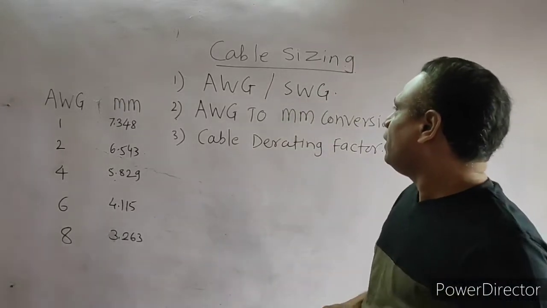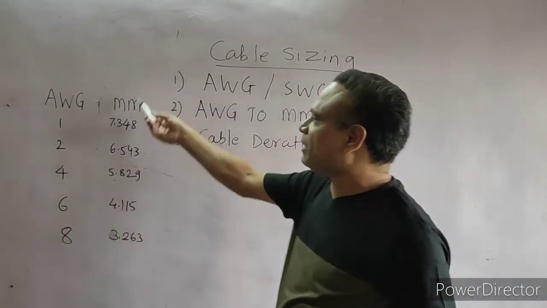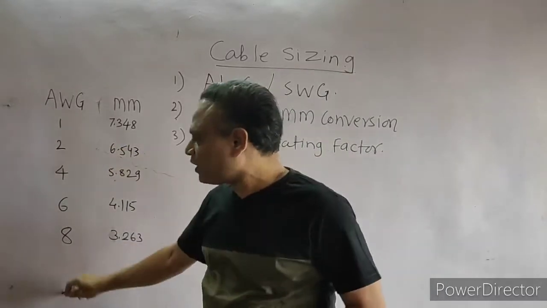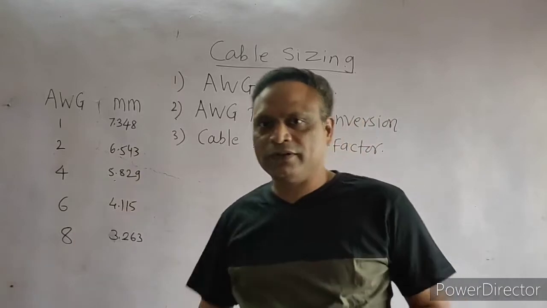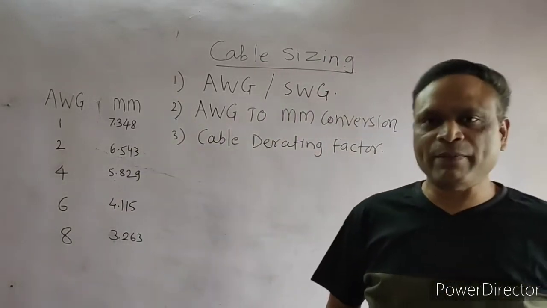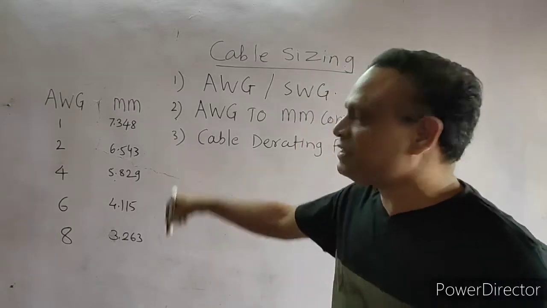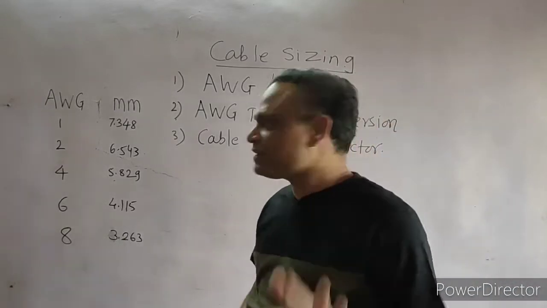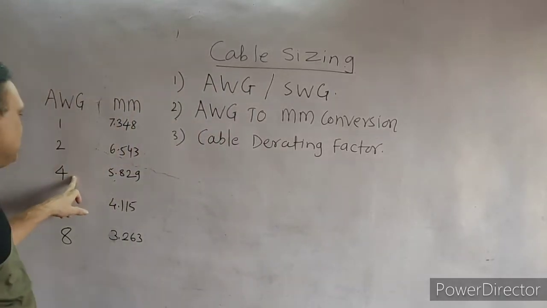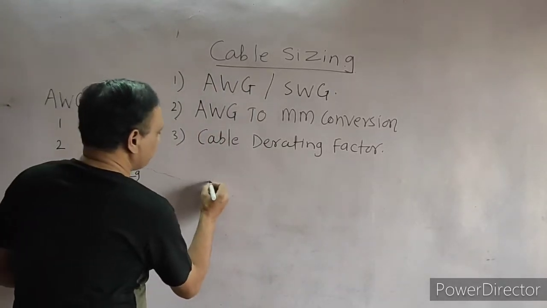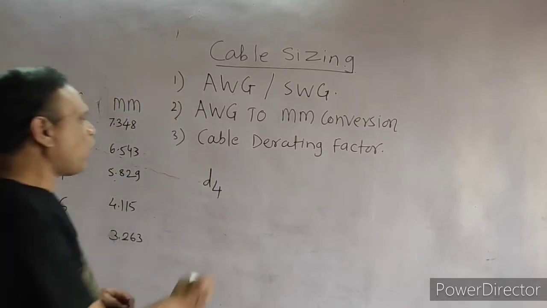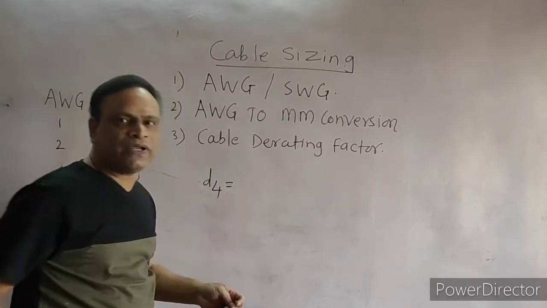Now we'll see how this table is made. As I have already mentioned, we will find 1 to 40 gauges, and accordingly we will get the size in mm. So for example, we will see this D4 size. A gauge of 4, what value will it have in mm?